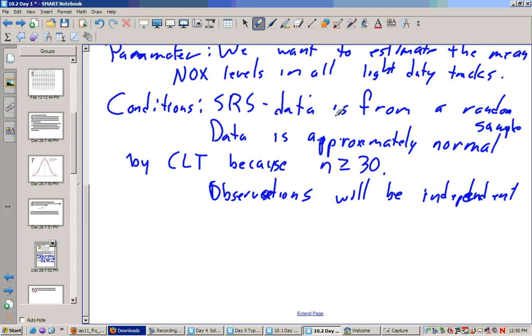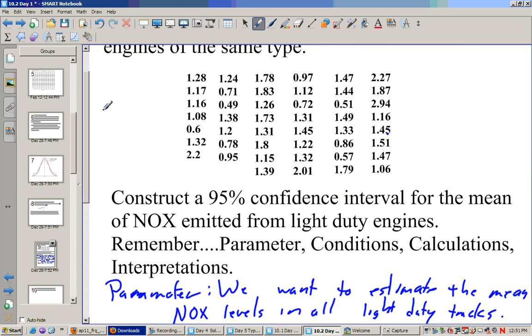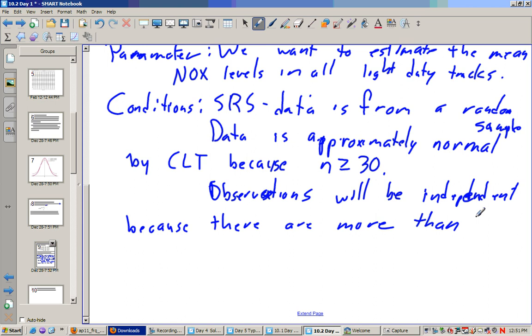Having a tough time spelling today. Observations will be independent because there are more than... Now we've got to figure out exactly how many there are. I got 32, 34, 35, 36, 37, 38, 39, 40, 41, 42, 43, 44, 45, 46, 48. So more than 48 times 10, or 480 light-duty trucks.